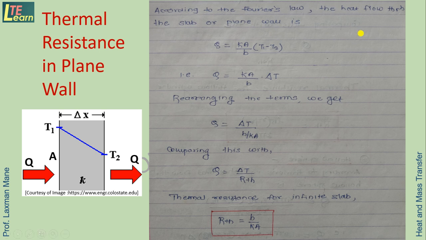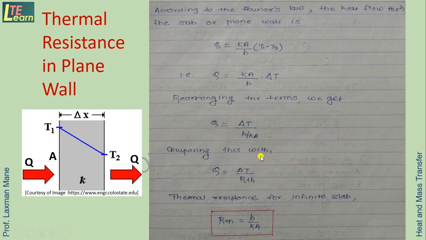So Fourier's law is what? Q is equal to thermal conductivity into area into temperature gradient. Now here in this case Q is equal to KA by B into temperature difference. Rearranging the terms, we get this formula as Q is equal to delta T divided by B divided by K into A. Now compare this expression with the thermal resistance equation, that is Q is equal to delta T upon RTH.